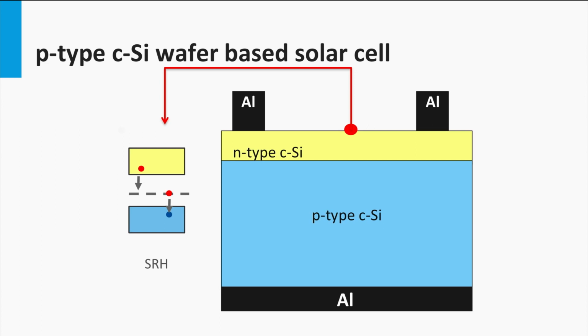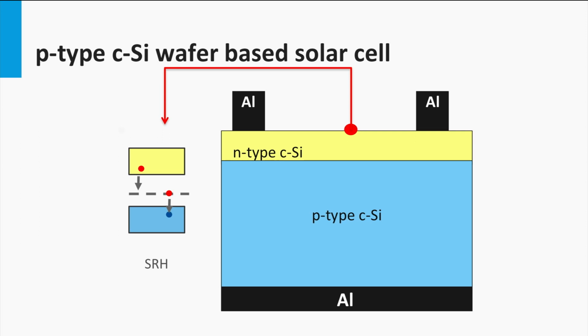At these defects, the charge carriers can recombine through the Shockley-Read-Hall process. The probability and speed at which charge carriers can recombine is usually expressed in terms of the surface recombination velocity. Since a large fraction of the charge carriers are generated close to the front surface, a high surface recombination velocity at the emitter front surface will lead to charge carrier losses and consequently lower short-circuit current densities as well.